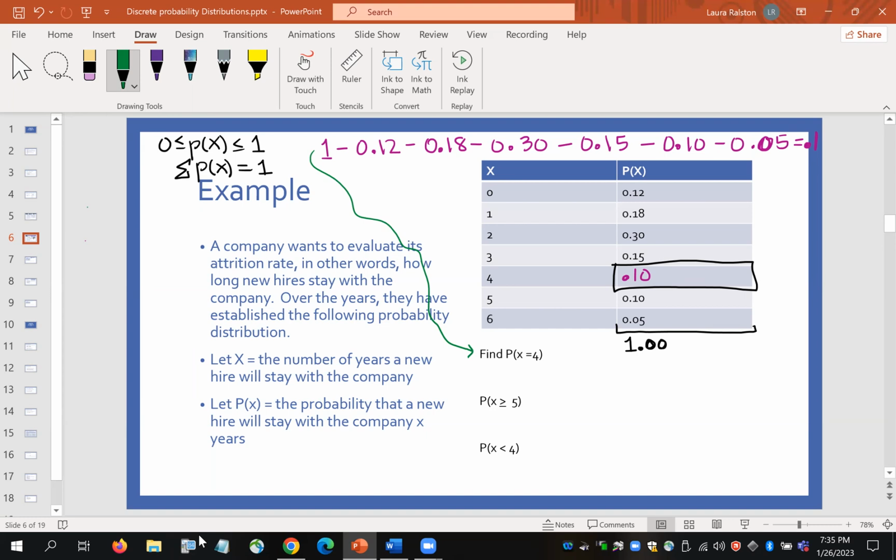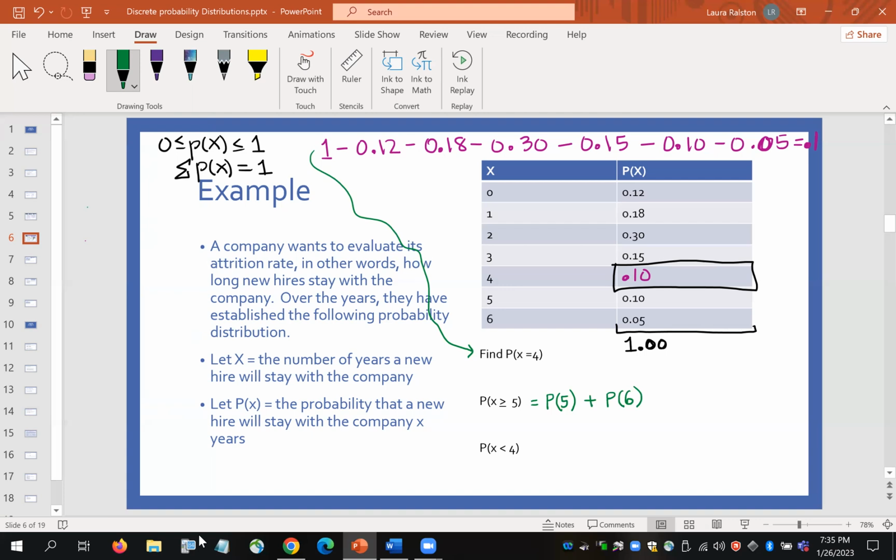Then it says, find the probability that X is greater than or equal to 5. You have to really pay attention to these symbols. So we're saying, what's the probability that a new hire is going to stay 5 years or more? In this scenario, that would be that they stay 5 years or 6 years. You include the 5 because it has the equal.